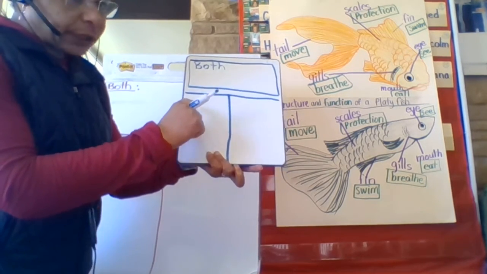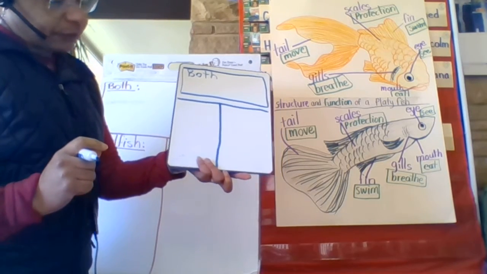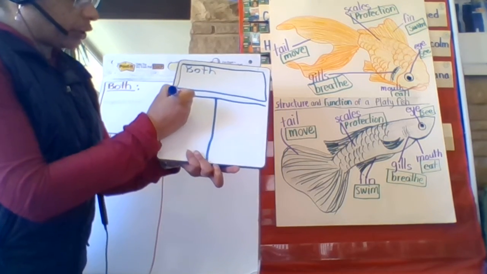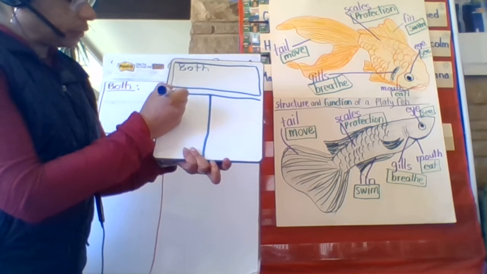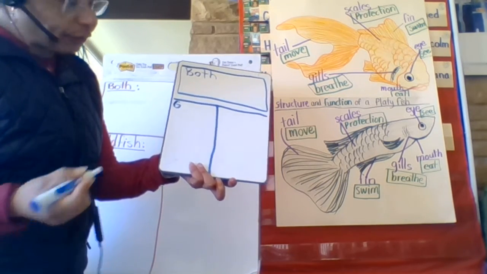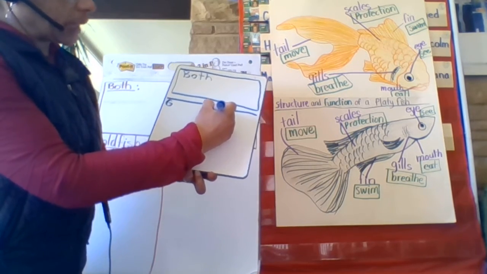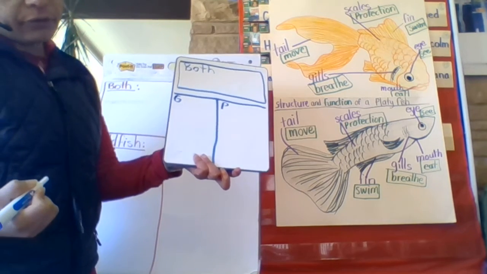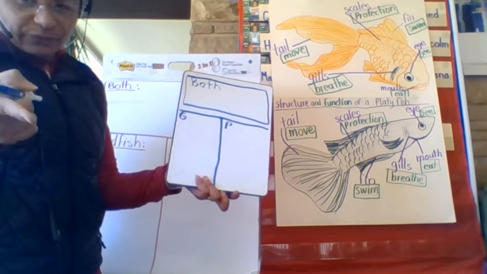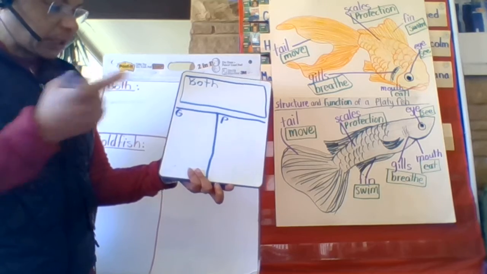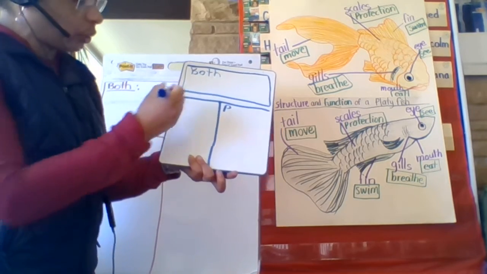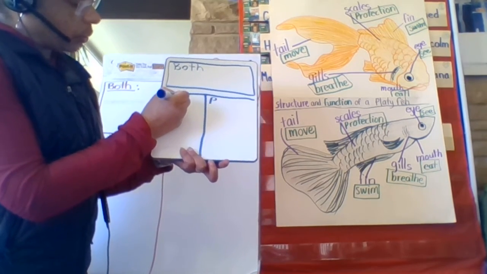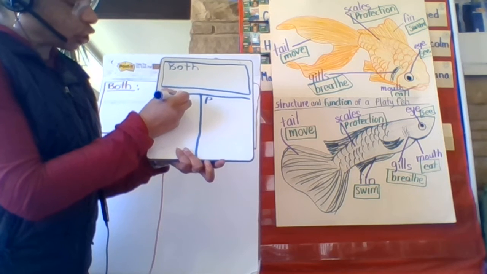Then, on the left side of your T, you are going to write the letter G for goldfish, and on the right side, the letter P for platyfish. Those of you super achievers, superstars, you could go ahead and spell the whole word. Goldfish.